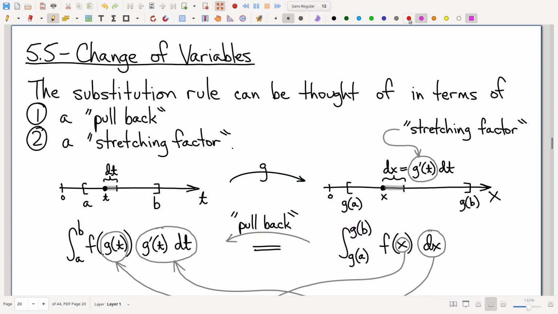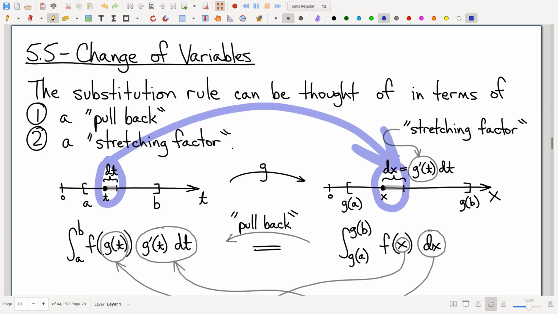The other thing to keep in mind is that a little piece of the domain, when it goes through the function, will turn into a different sized little subinterval, specifically having been stretched by a factor that uncreatively I'm going to call the stretching factor, right?